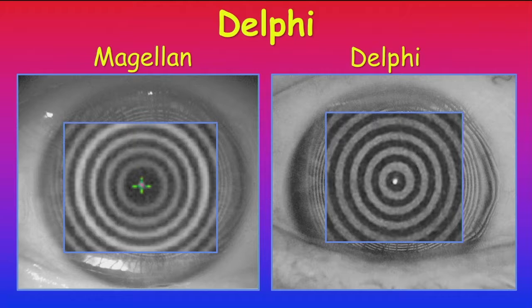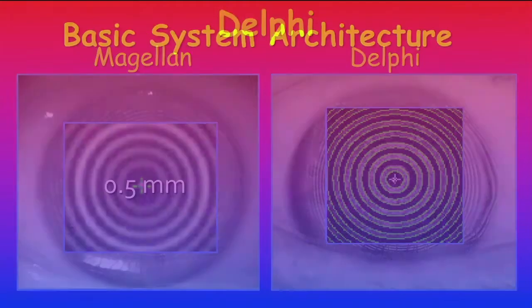The optics of the Delphi are pretty amazing, and they figured out how to use a more sensitive camera to get much smaller, finer detail in the center of the cornea. Analyzing the central ring is only 200 microns in diameter.